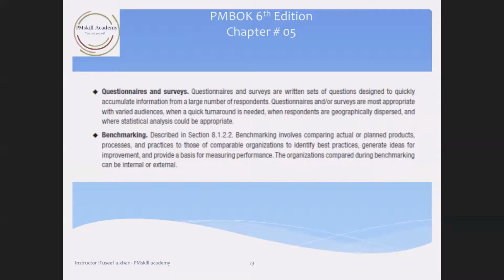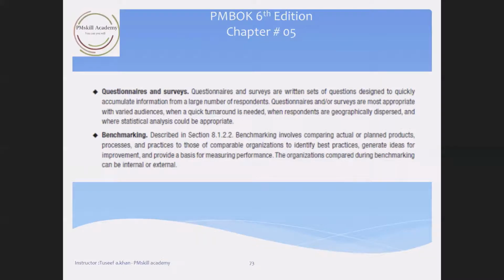You can prepare questionnaires and surveys for a large number of respondents. You can give these surveys to stakeholders, consumers, and so on. You can collect geographical data and statistical data, and further analyze it.